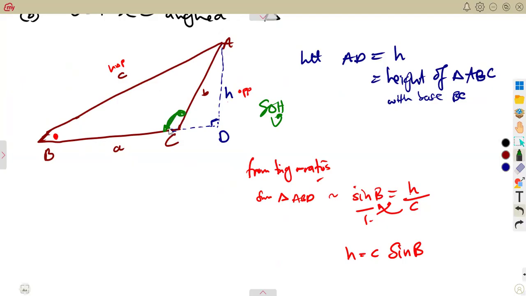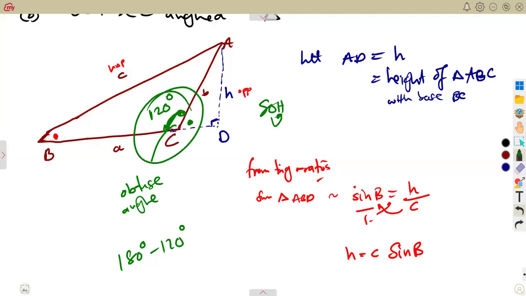Because this C here is an obtuse angle, let's say this angle is 120 degrees. What was going to be this angle here? It was going to be 180 degrees minus 120 degrees. Why? Angles on a straight line add up to 180 degrees. So you simply have to subtract that from the 180 degrees.